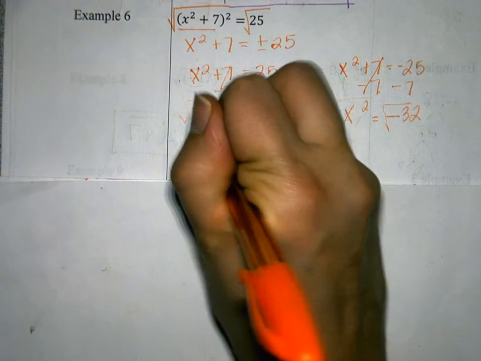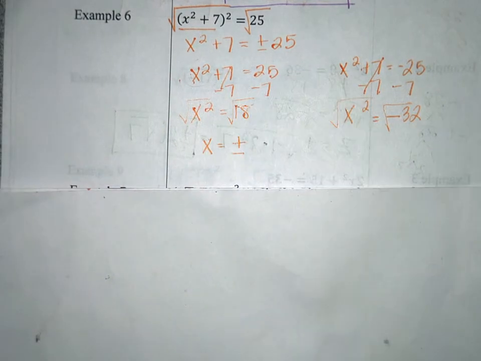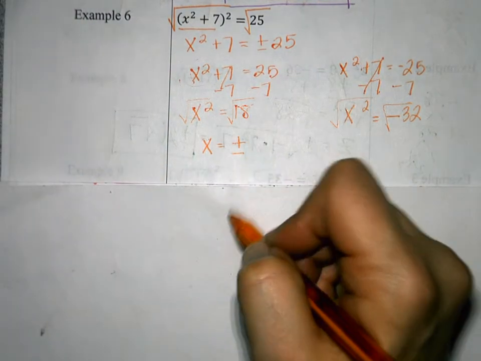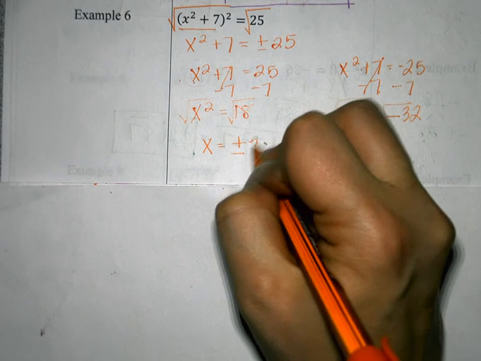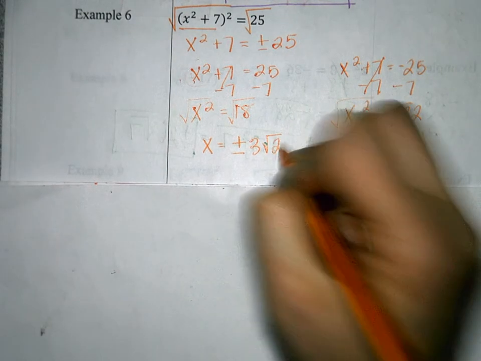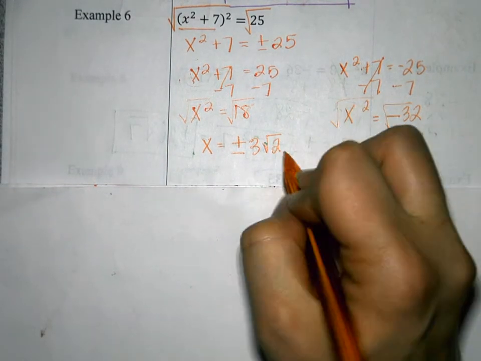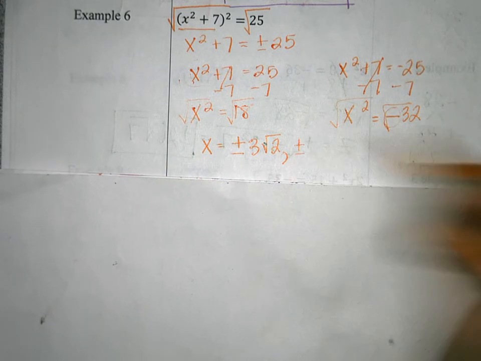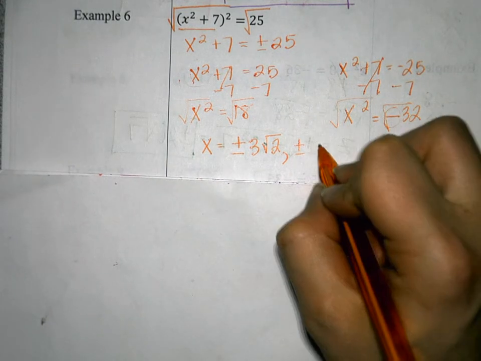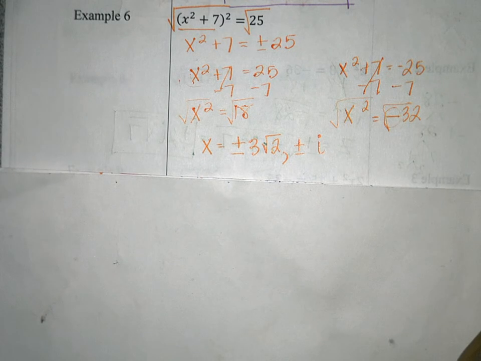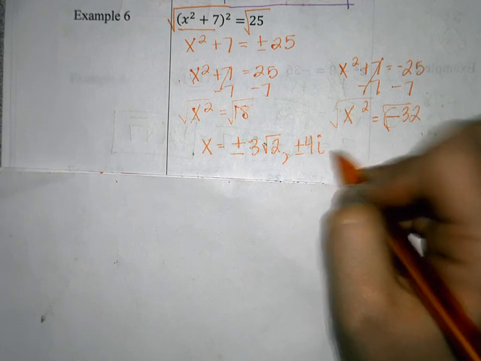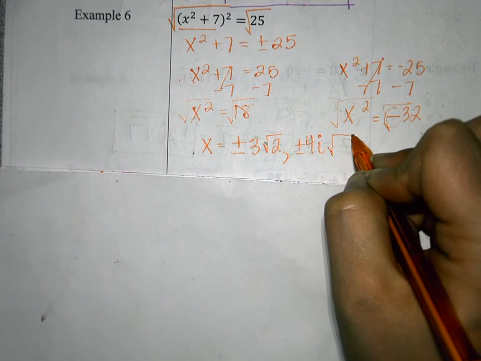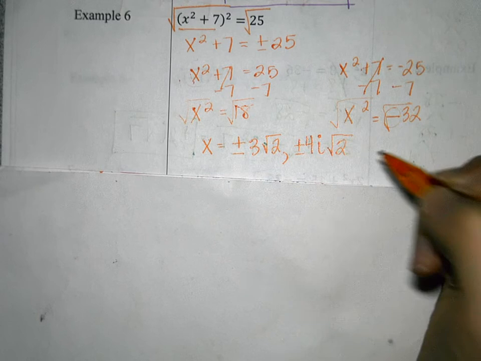And we get x equals plus or minus square root of 18, there's a 9 in there, so that's 3 root 2. And in this one, there's a negative, so it's plus or minus. We know there's an i. And 32 has a 16. So it's plus or minus 4i root 2.